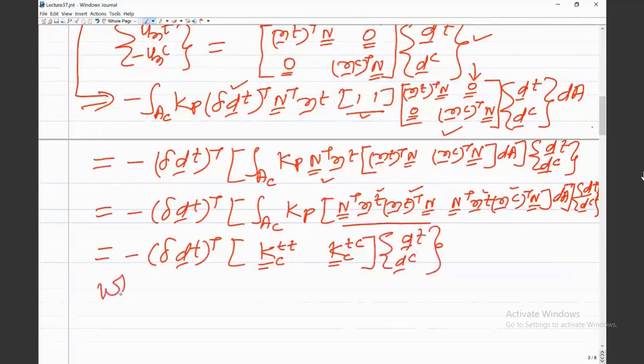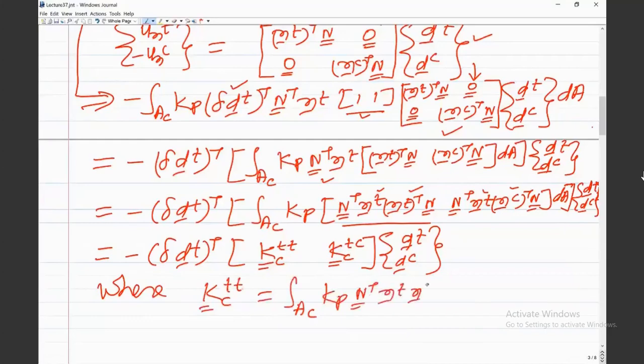So if you see over here, kctt is basically integration over the contact area, and then kp N transpose into NT into NT transpose into N dA.